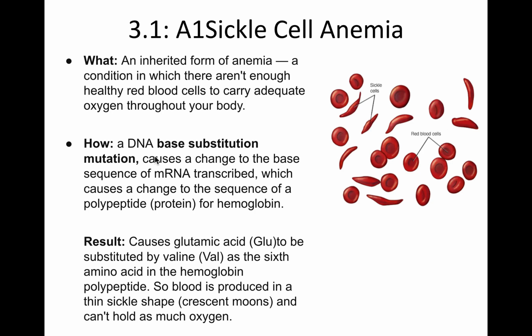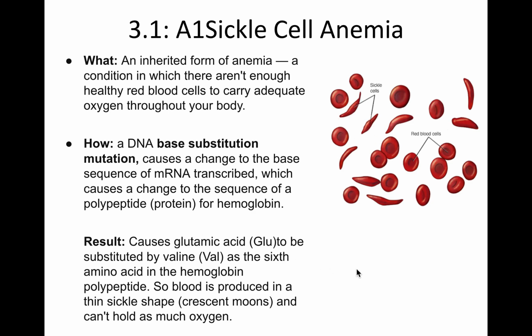And the reason this happens is there's a DNA mutation, which is a base substitution. So just one letter shifts. And this causes a change to the base sequence of the mRNA that's transcribed, which then would cause a change to the sequence of the polypeptide protein, or hemoglobin in this case. So it's now the wrong shape. The wrong structure is going to make the wrong function, and you're going to end up with an inadequate blood cell.